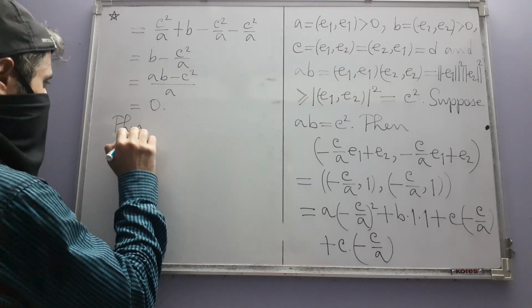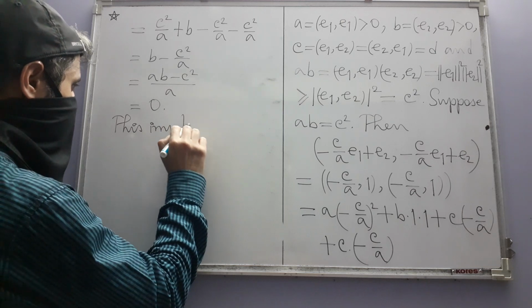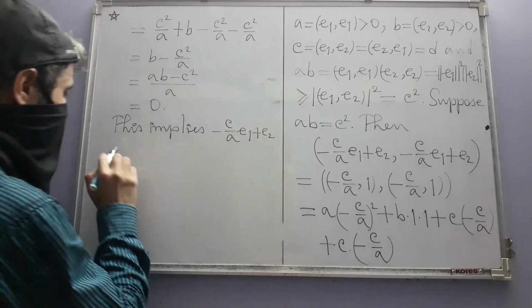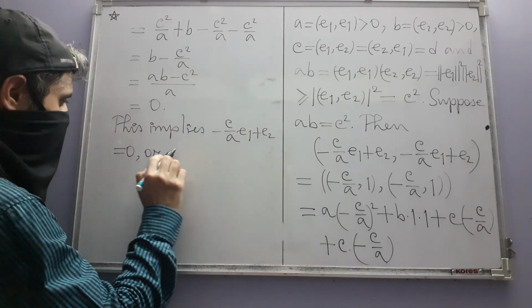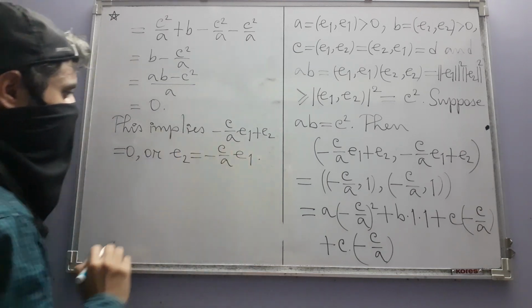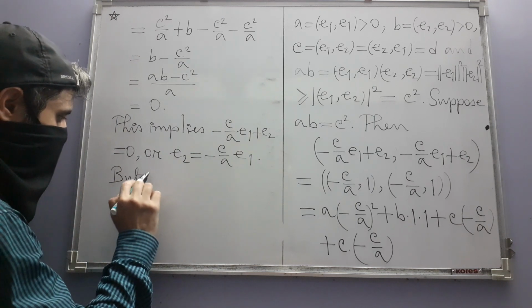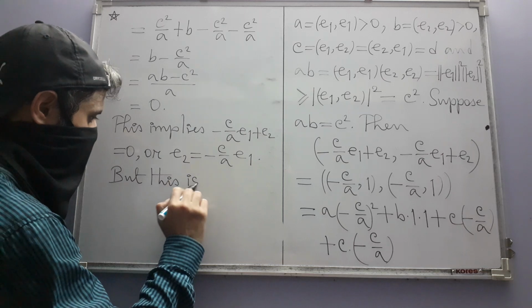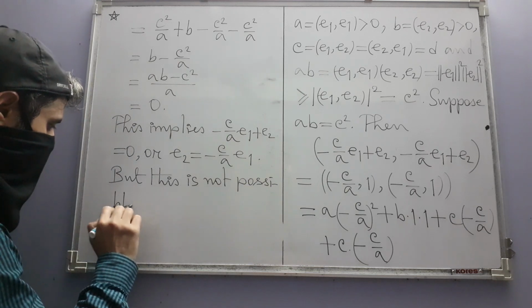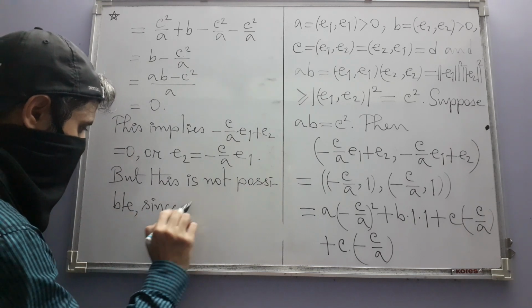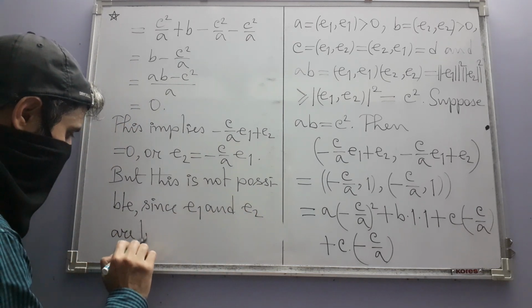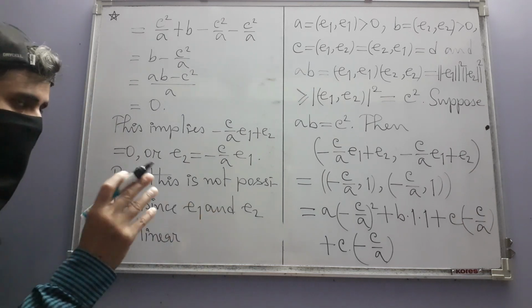So this implies that minus c over a times e1 plus e2 has to be equal to 0, or e2 has to be minus c over a times e1, but this is not possible since e1 and e2 are linearly independent, and in fact they form a basis for our vector space.